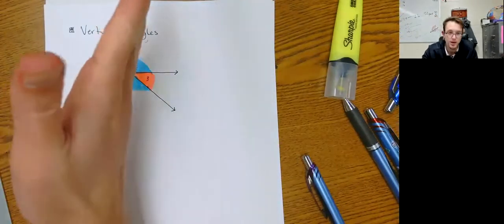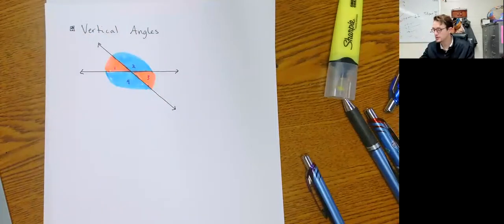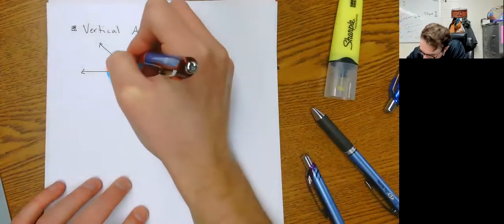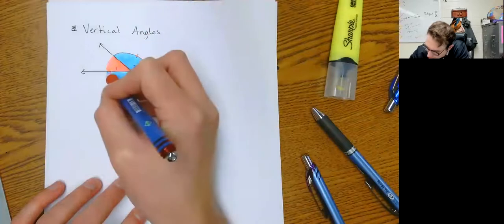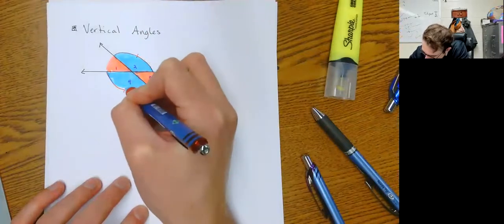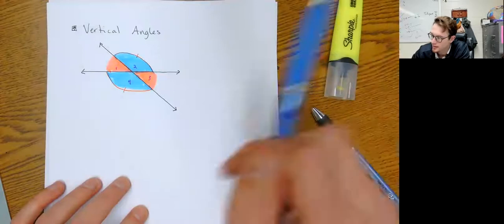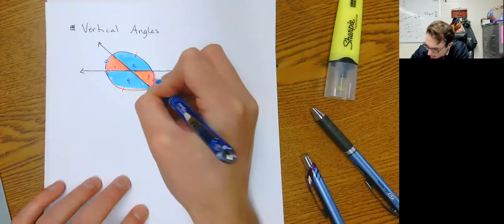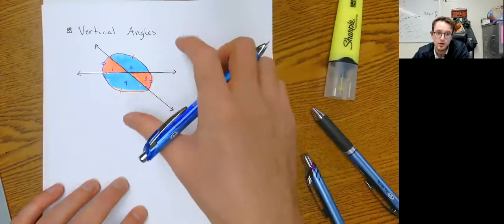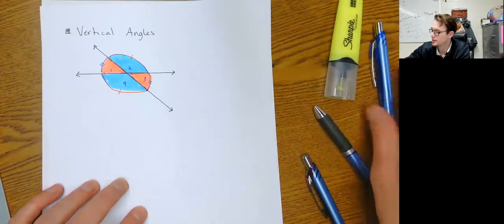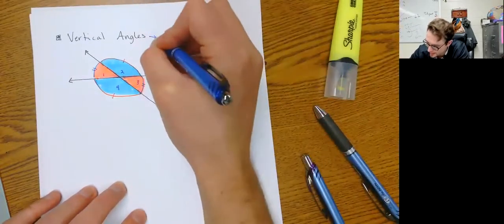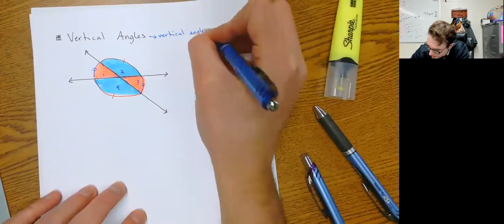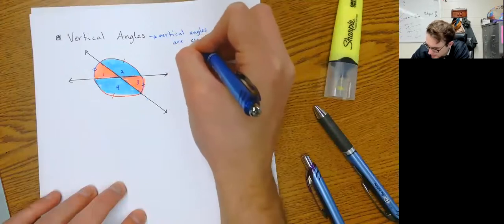Vertical being they're directly opposite of each other, and what's special about them is this angle is congruent to this angle, and this angle is congruent to this angle. So vertical angles are congruent.